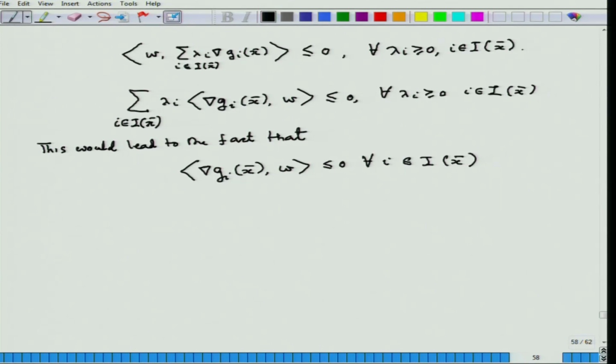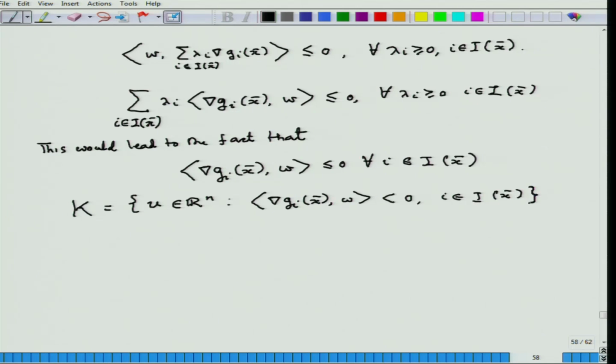We have really not used the Slater condition anywhere, but we will soon use it, and that is exactly what I am going to show you. Now, let me consider this set K, which is a set of all u in Rn. Now, you can show that K is non-empty.